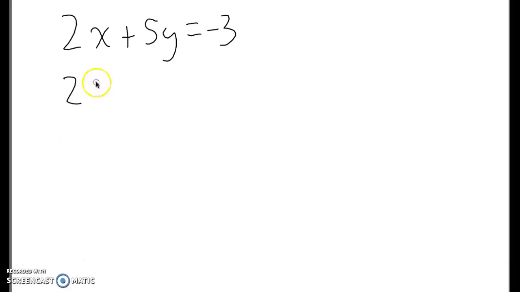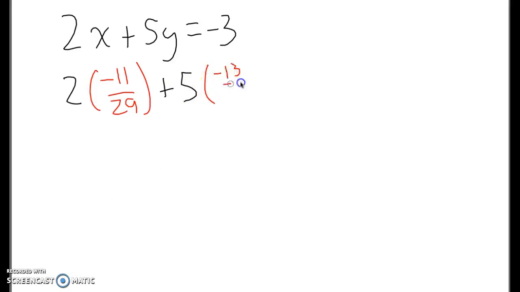So my x value from before was negative 11/29ths. My y value is negative 13/29ths. And then I just want to see, when I simplify this, will it equal negative 3?